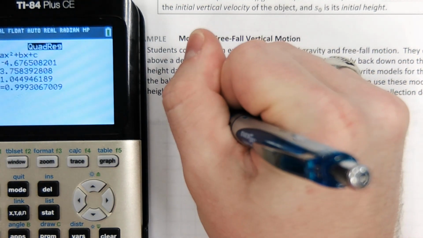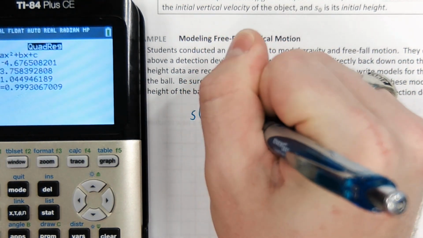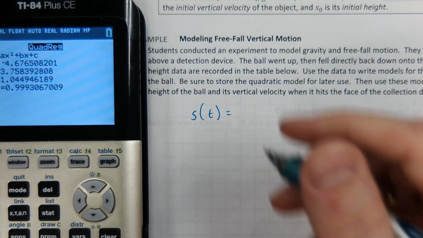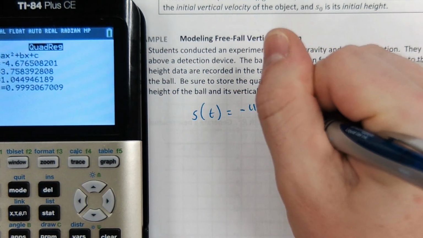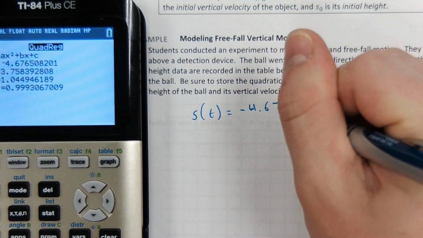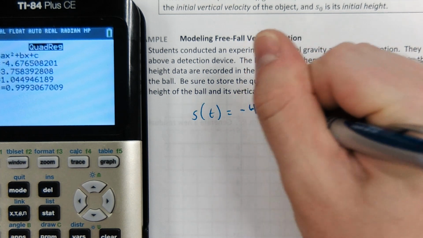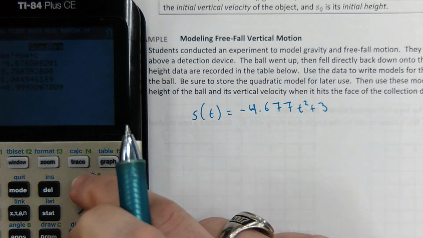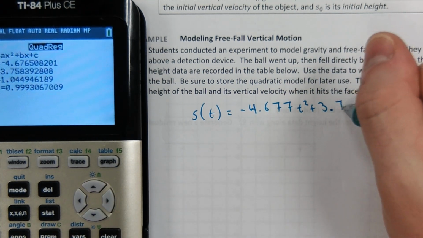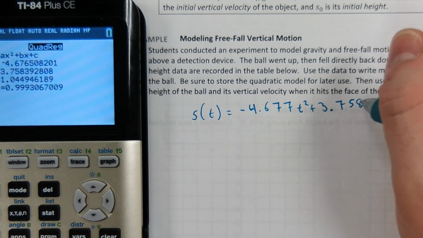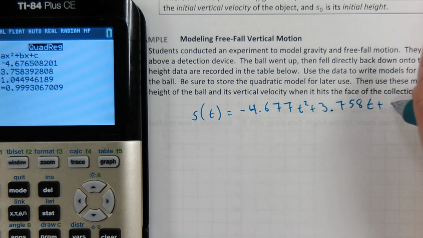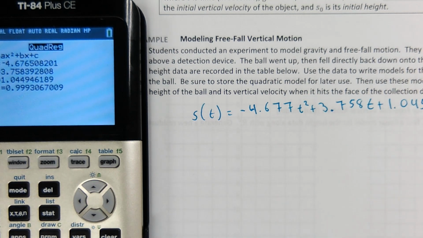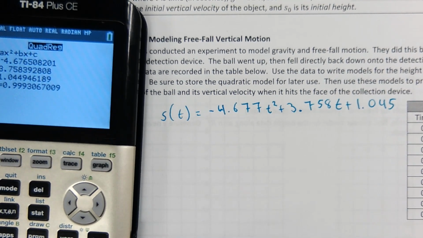My model for height over time is negative 4.677 t squared plus 3.758 t plus 1.045. There. So that's our model to 3 decimals.